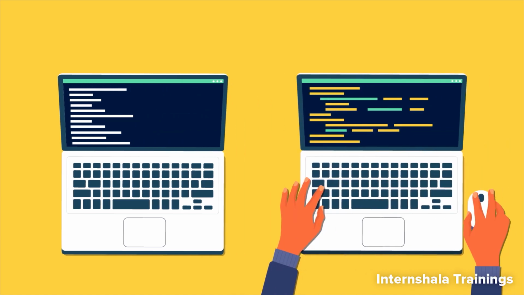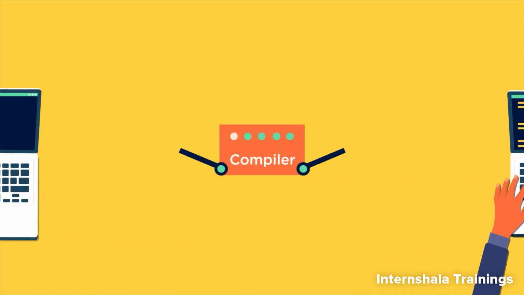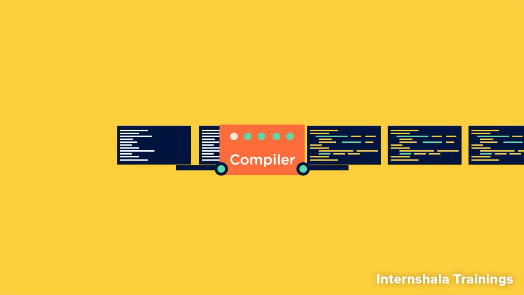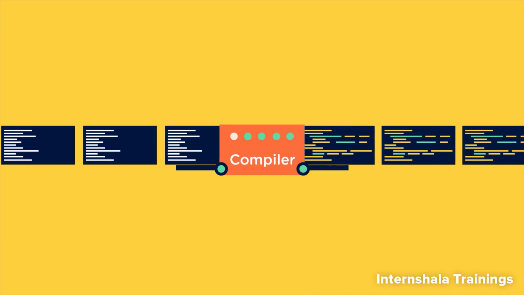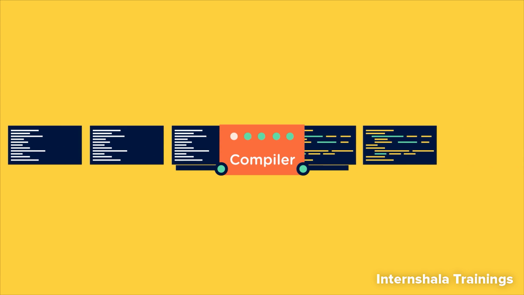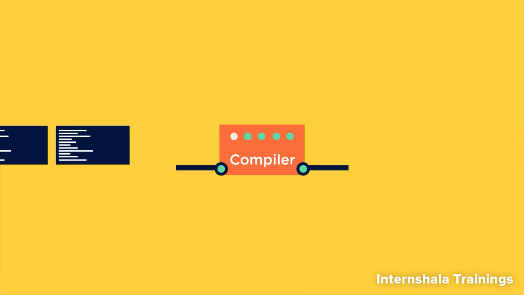Therefore, all the code written in any language needs to be converted to computer-friendly code. And this is done by a compiler. A Java compiler converts code written in Java, Kotlin, and other similar languages into Java bytecode. We will see more about Java compiler in a while.